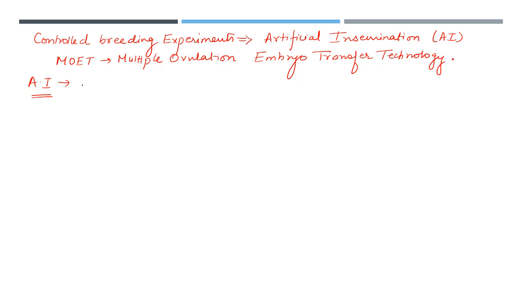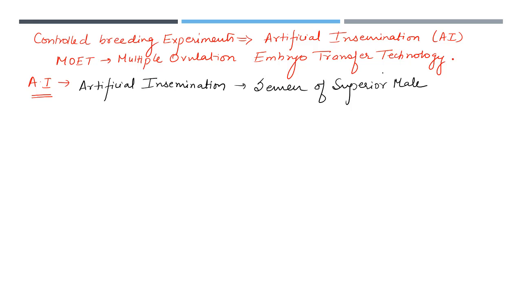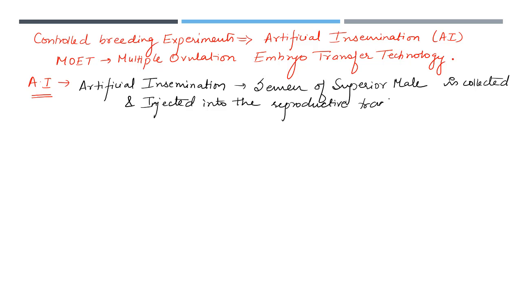The semen of the superior male is collected and injected into the reproductive tract of the selected female by the breeder, right?